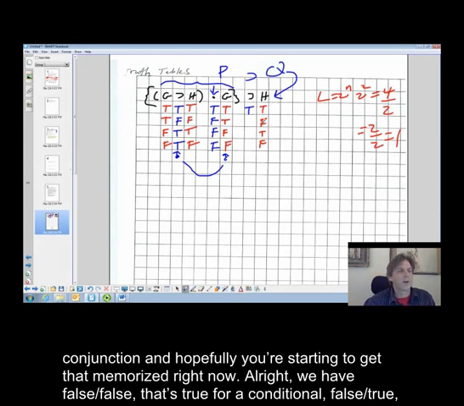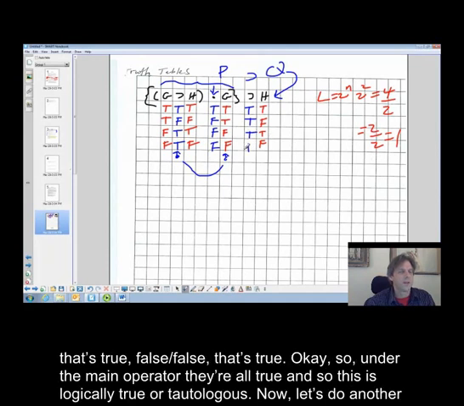Alright, we have false, false. That's true for a conditional. False, true. That's true. False, false. That's true. Okay, so under the main operator, they're all true, and so this is logically true or tautologous.